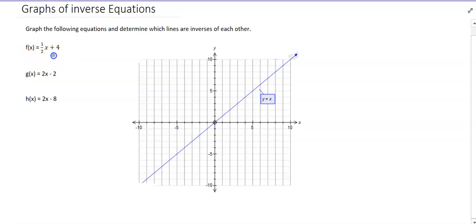So I'm going to begin with my b, which is my y-intercept, so plot the point at 4 on the y-axis. My slope is 1/2, so from there I'm going to go up 1/2, plot that point, do it a few times, so that we can clearly see where it's headed. And the next thing we want to do is sketch the line.